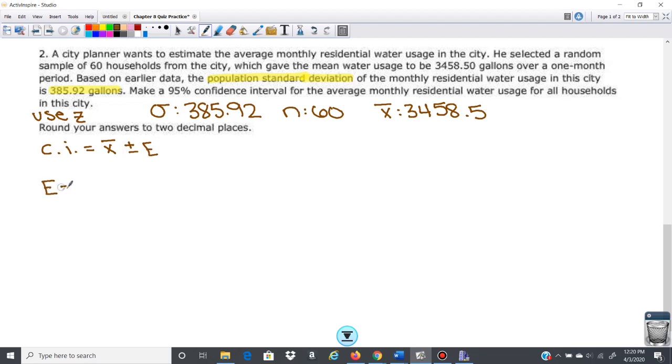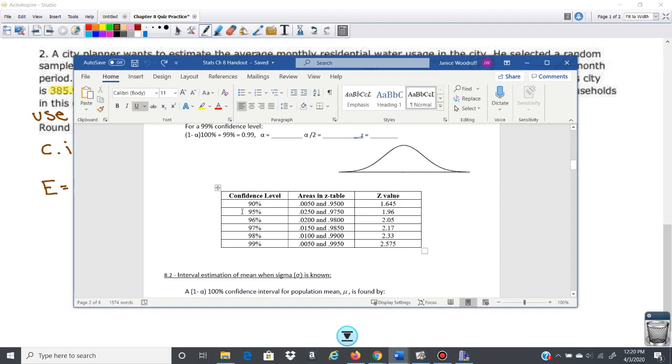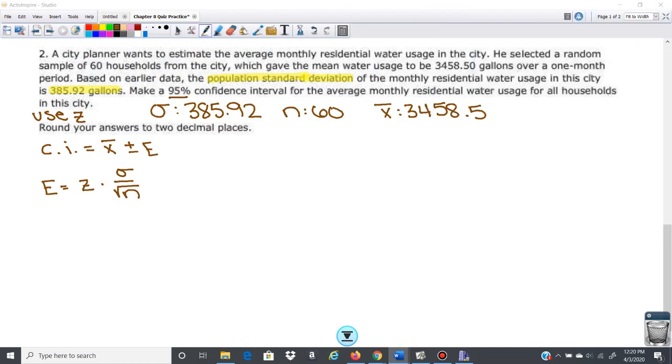Margin of error is our Z value times the standard deviation of the population over the square root of the sample size. Okay, so let's go ahead and do that. Our Z value for a 95% confidence interval, based off of the chart you were given earlier, is 1.96. We have our standard deviation and our sample size, so let's plug these in.